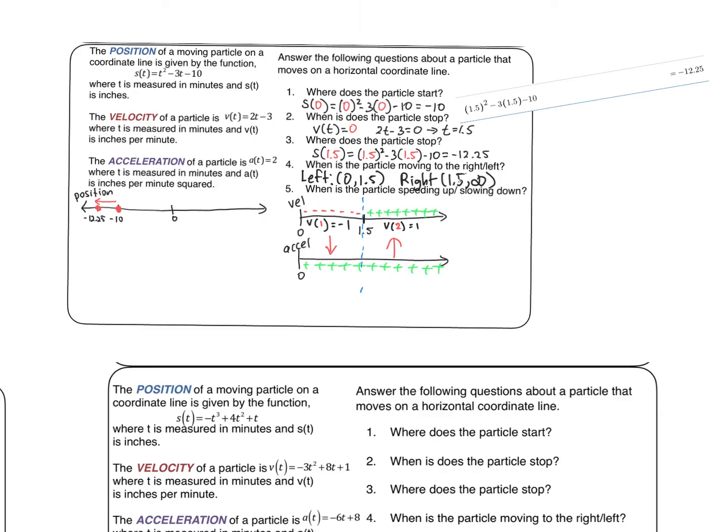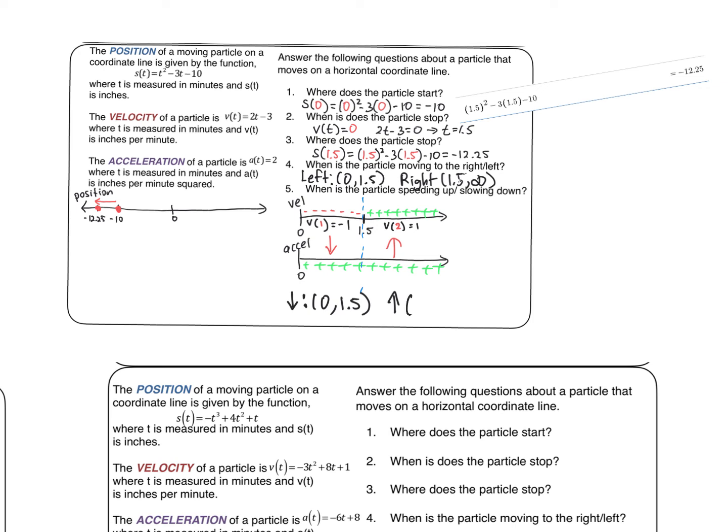Since these are competing, negative and positive, over this interval, we know that the particle is going to be slowing down, and I just like to put that from 0 to 1.5. And it's going to be speeding up from 1.5 all the way to infinity because all the signs will match.